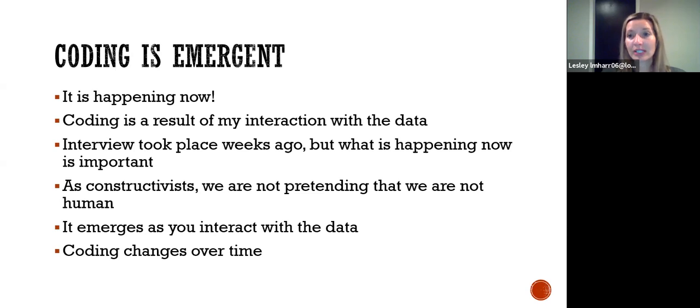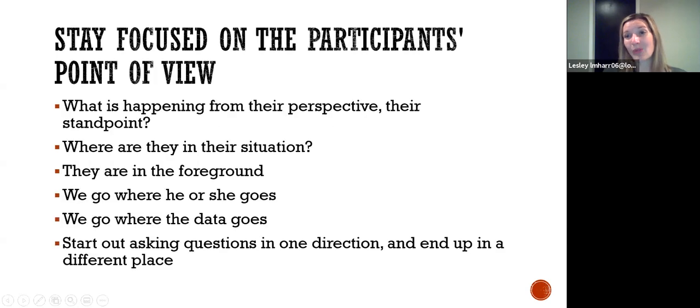So it emerges as we interact with our data, and we as human beings are constructing the process of coding, which means it can change over time. That is actually one of the great reasons to work in teams, because it helps us avoid projecting or allowing our mood or what's going on in our lives to creep into the coding process, which is why in class, we're going to take a team-based approach to coding.